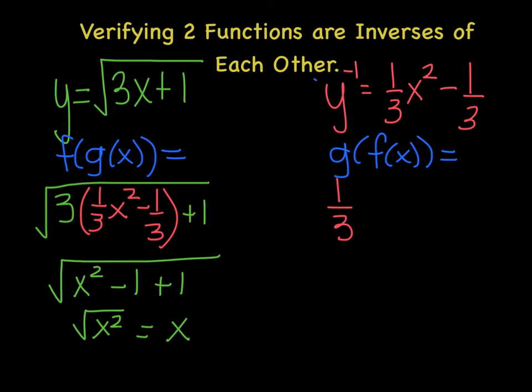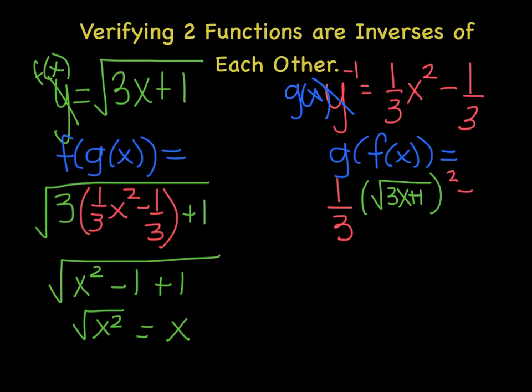We're going to call this guy g of x, and we're going to call this guy f of x. So now I'm going to put in, I have the x squared, but I'm going to plug in my f of x. And I'm going to square it, minus 1/3.